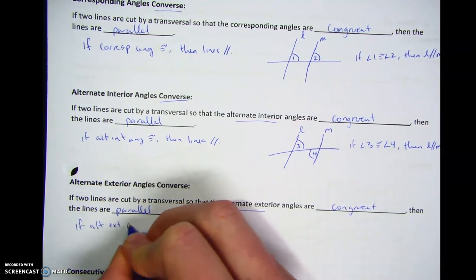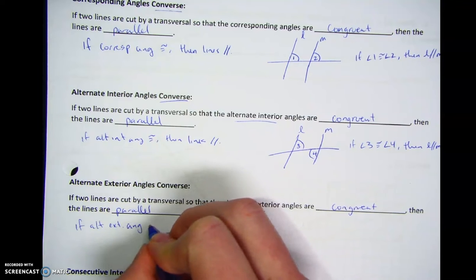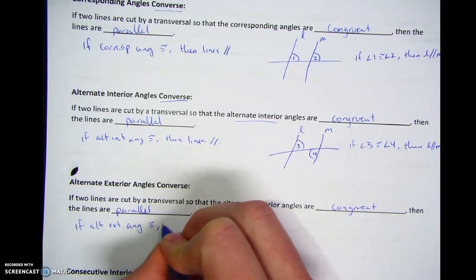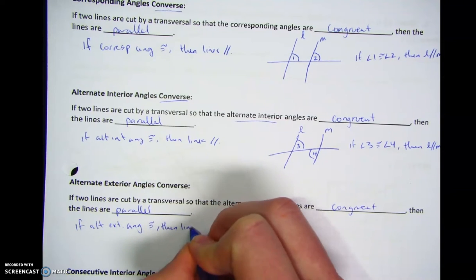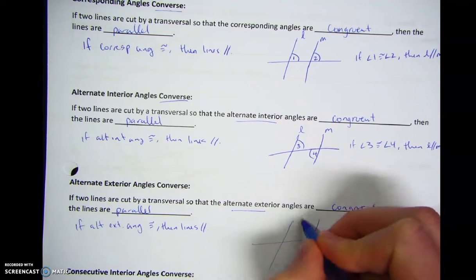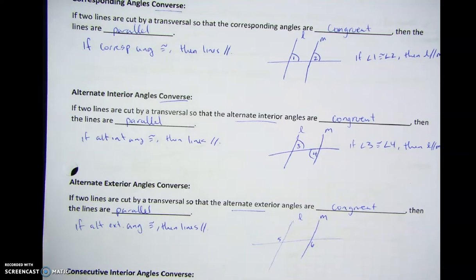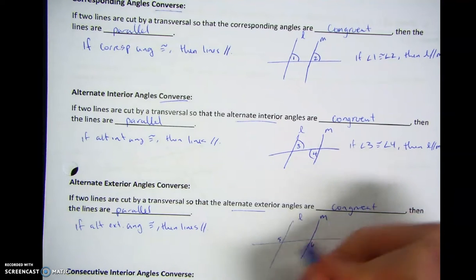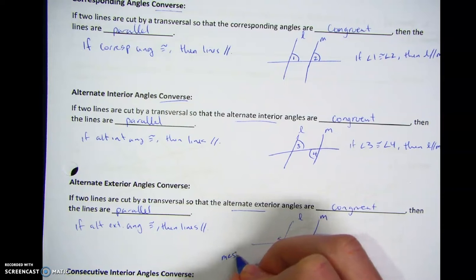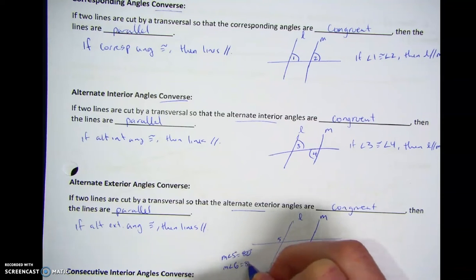So each theorem gets a converse. Each one gets a converse. Let's say on this one we've still got L and M. We'll say angles 5 and 6. Maybe they're not labeled as congruent with the symbol, but maybe we're given that the measure of angle 5 is 80 degrees and the measure of angle 6 is 80 degrees.